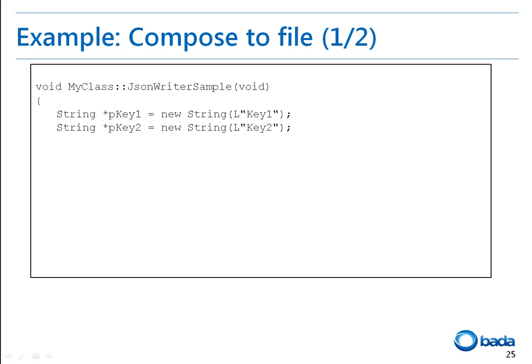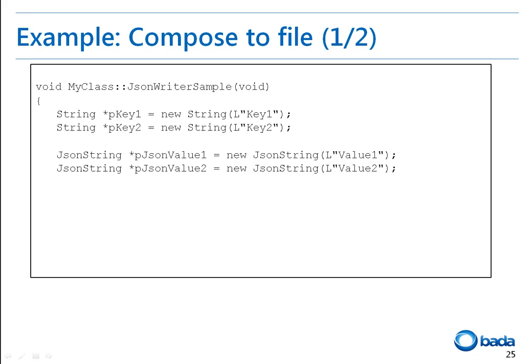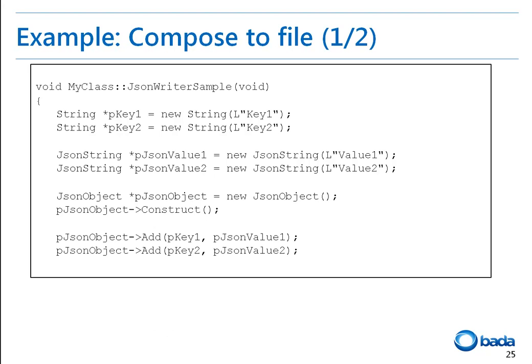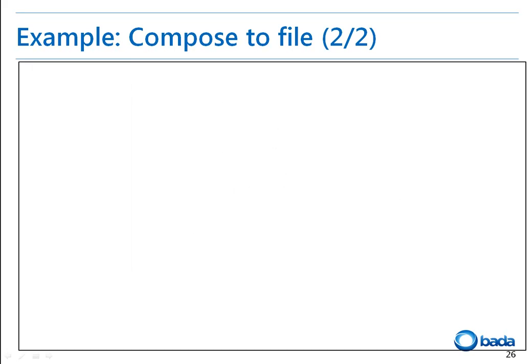First, I've created two keys, key 1 and key 2. Then, two JSON value strings, value 1 and value 2, were created. Thereafter, I created a new JSON object and initialized it. Then, I added a JSON key value pair to the JSON object.